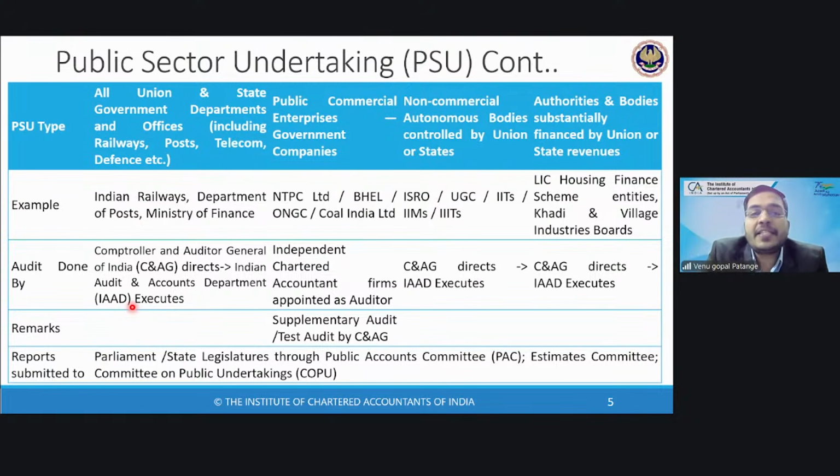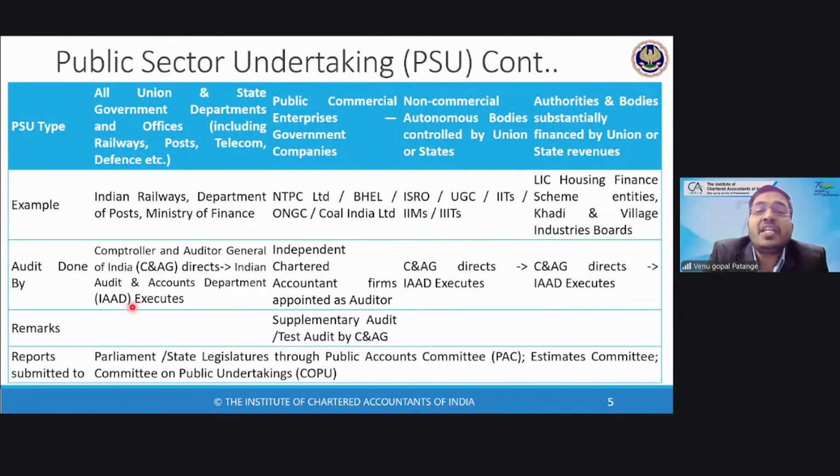So let us take an example. Once it is audited, a report will be prepared. This report will be submitted to Parliament in case of central government, and to state legislature or state assemblies in case of state government. But Parliament and state legislatures may not have enough time to go through so many department reports.